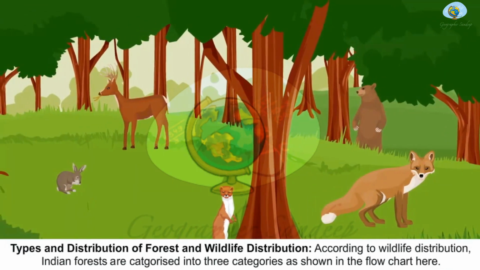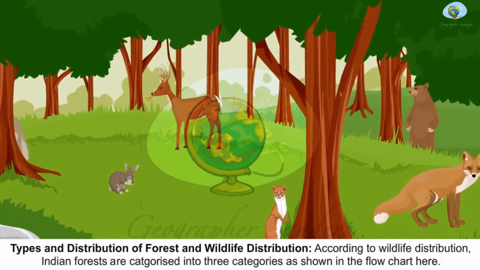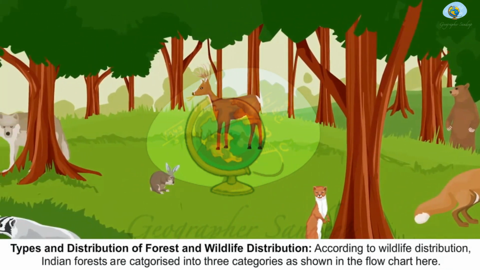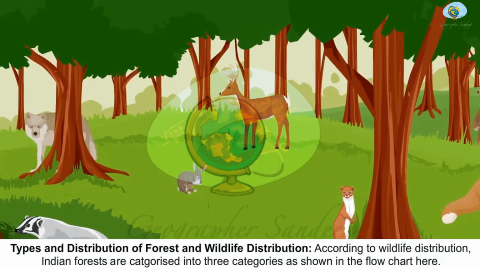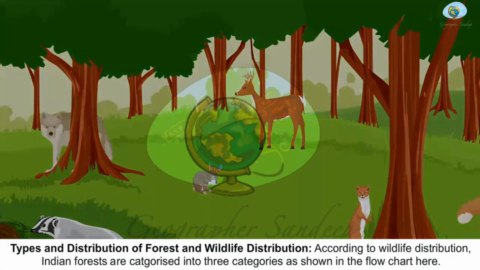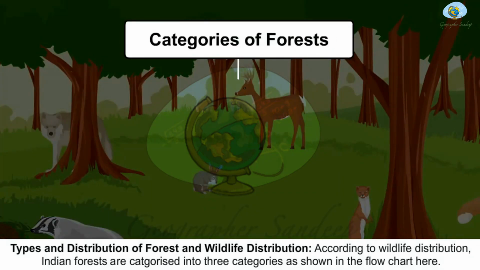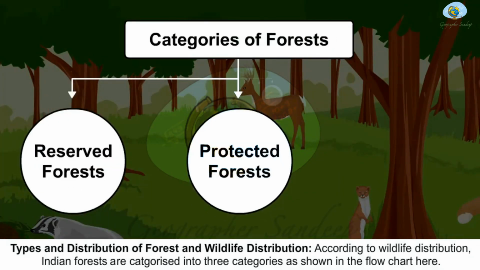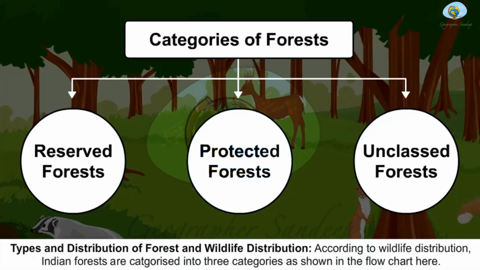Types and distributions of forest and wildlife distribution. According to wildlife distribution, Indian forests are categorized into 3 categories as shown in the flow chart here.